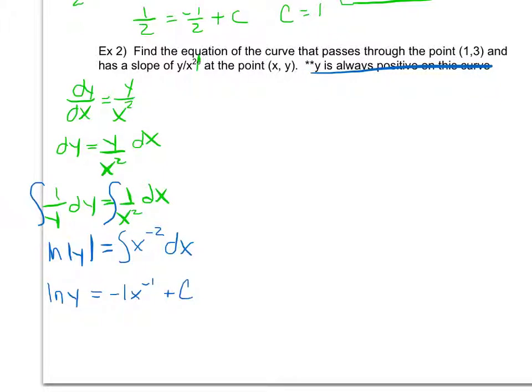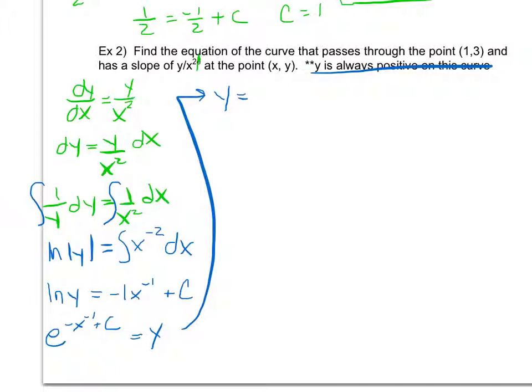If I solve this for y to get my general solution, first I will have e to the negative x to the negative 1 plus c equals y. Remember, I can split that up and say y equals e to the c times e to the negative 1 over x, because that is the same thing as x to the negative 1. It really does not matter which way you write it.